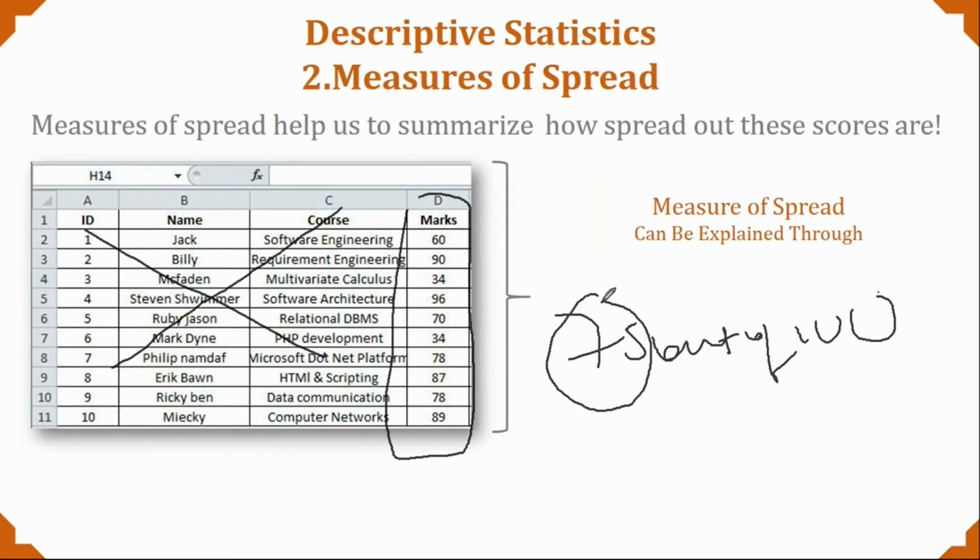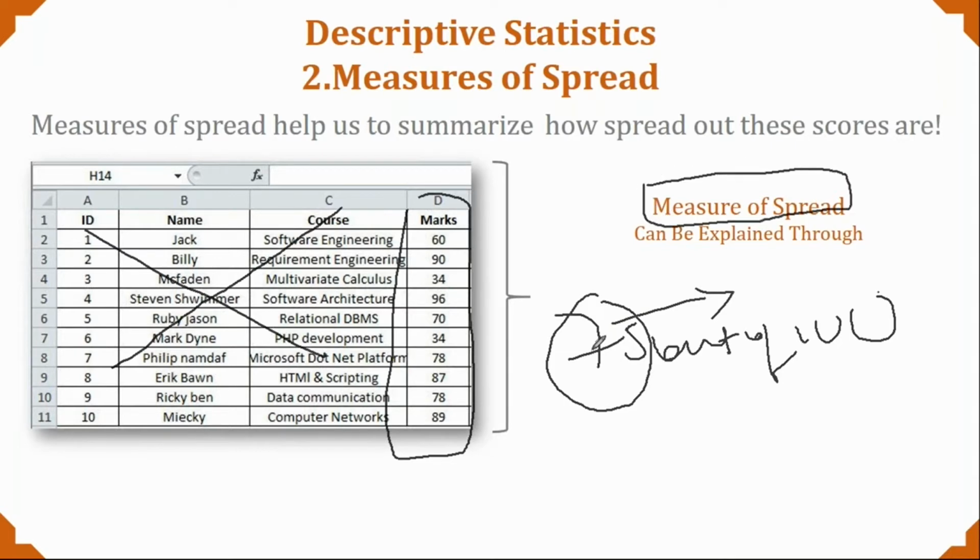However, not all the students will have 75 marks, right? It is just an average. All the scores will be spread out around this 75. That is called the spreading of your data, the measure of your spread.